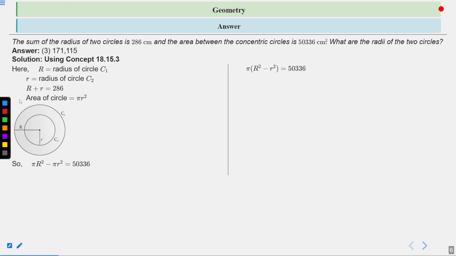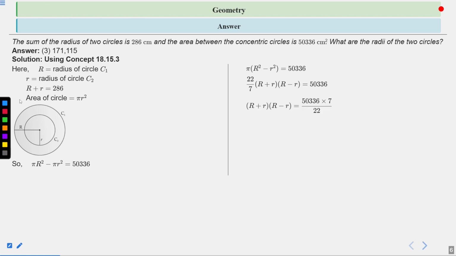So we just put the values. We can take pi common, so it becomes R square minus r square multiplied by pi, which is equal to 50,336. Now we can write it in the form of 22 by 7 into R plus r multiplied by R minus r, which is equal to 50,336.